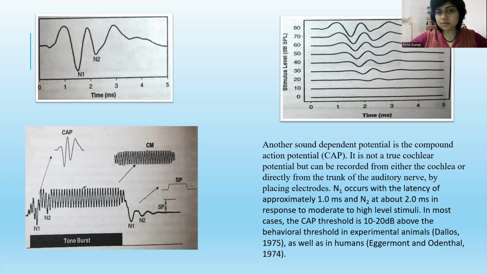And then, next to the compound action potential, what is recorded is the cochlear microphonics. The cochlear microphonics are not very easily recorded, and they're not very regular to record either. These are recorded for some special cases, which may be cases of ANSD.